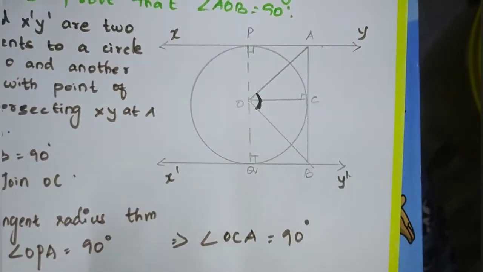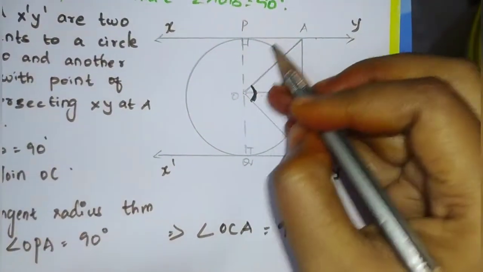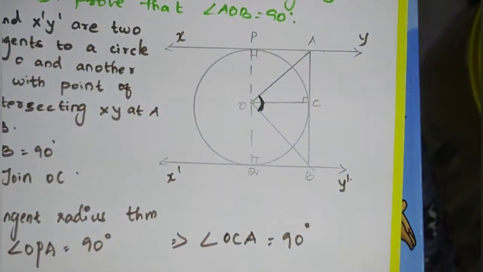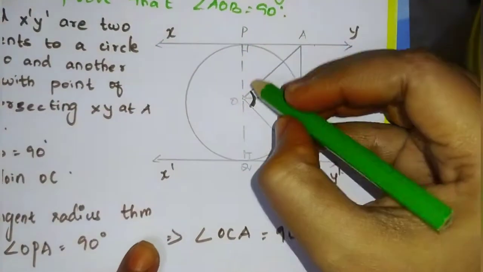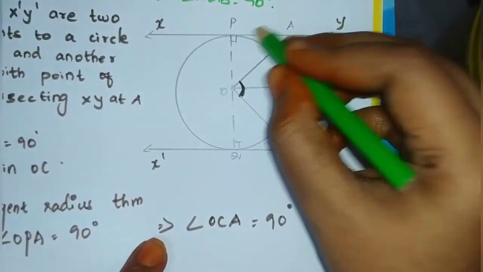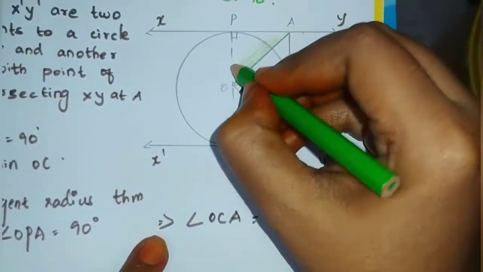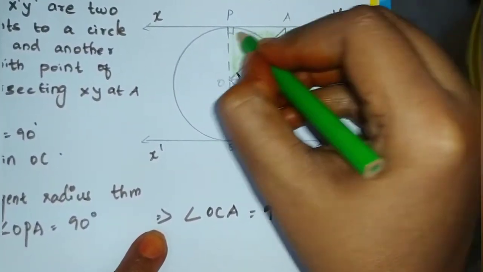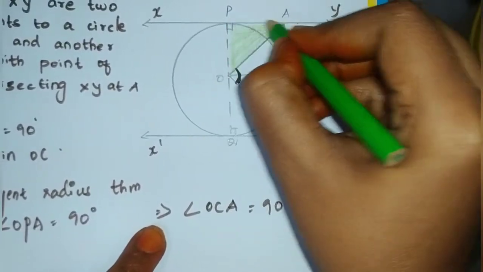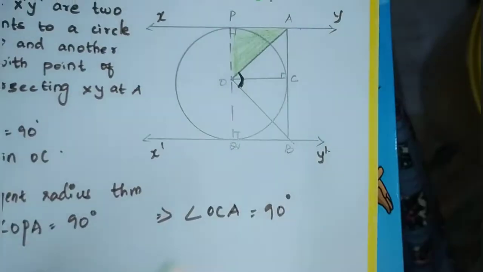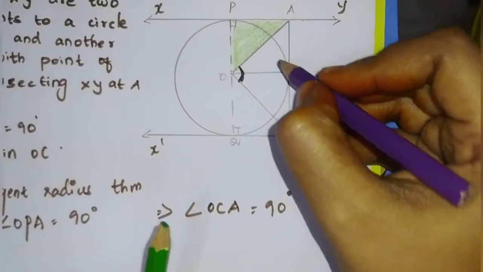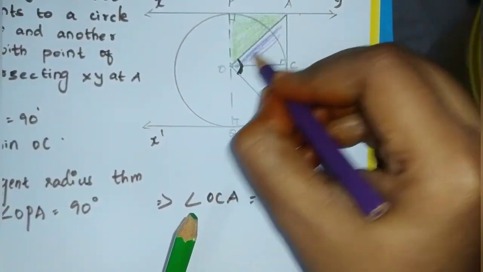So I am going to take these two triangles: OPA, the green color triangle, and the purple color triangle.